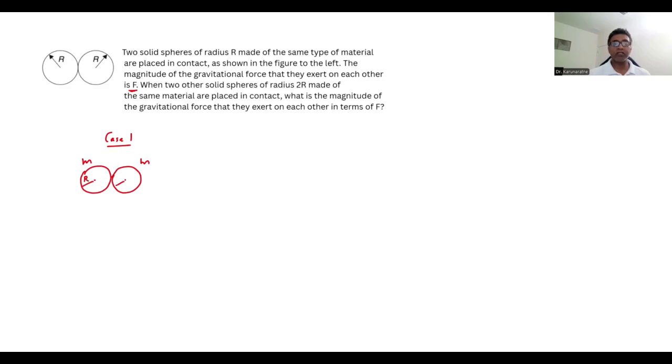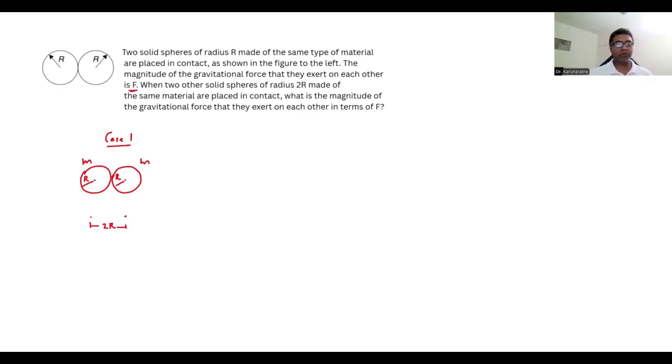So then the center to center distance would be 2 times R, right? Now, why did I select center to center distance? Because since these are perfect spheres with uniform density, we can collapse the mass of each of these spheres to their center.